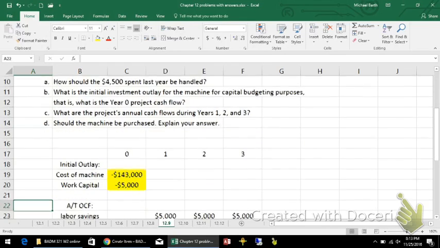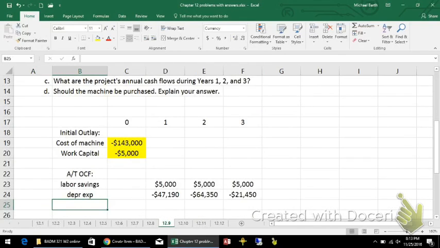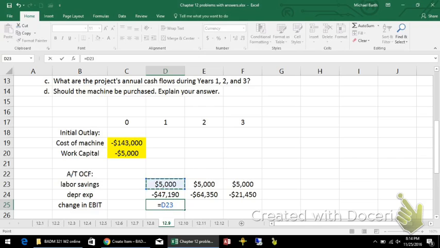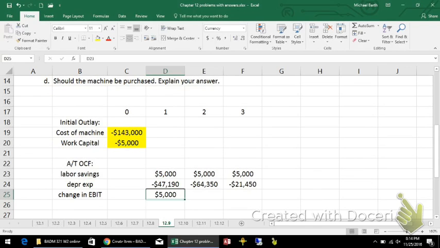So the change in EBIT would be a positive 5,000, and then subtract the depreciation expenses. So in each of those 3 years, the EBIT would actually drop.